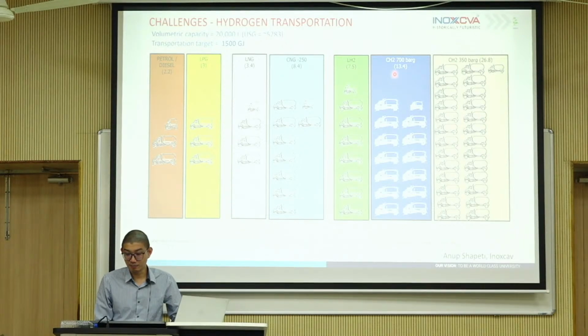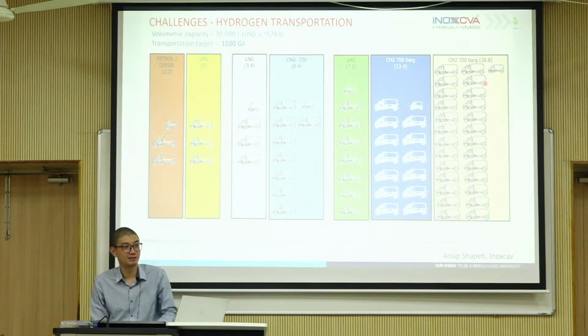For compressed hydrogen at 700 bar, we need 13.4. If we compress to only 250 bar, maybe we need double.